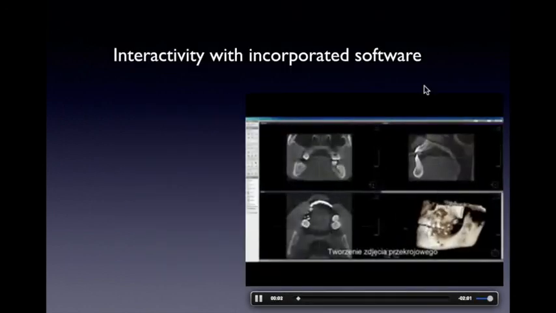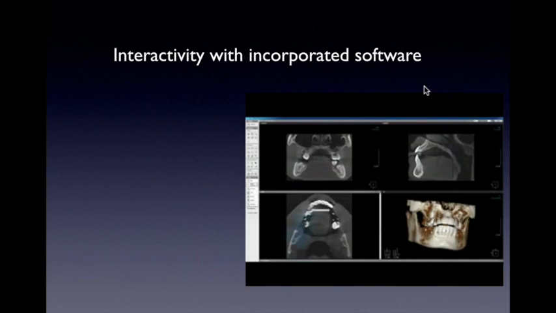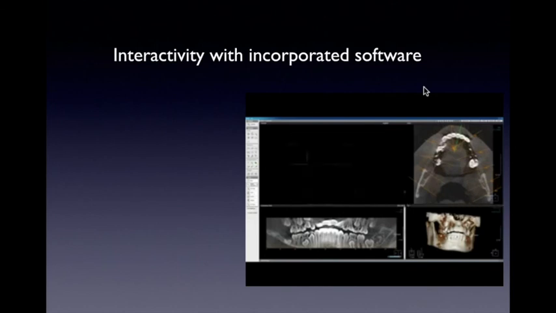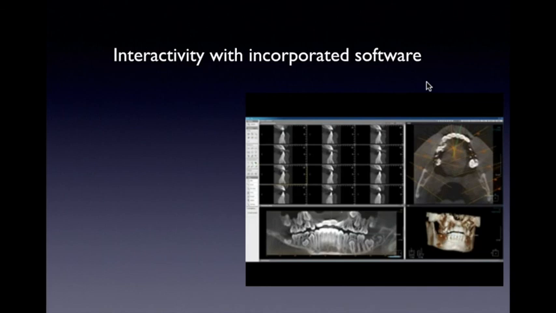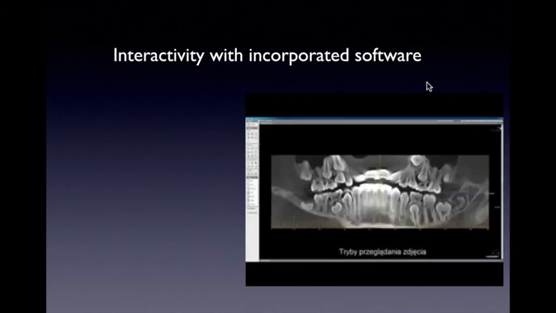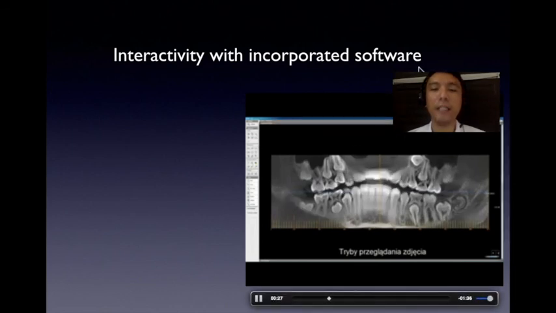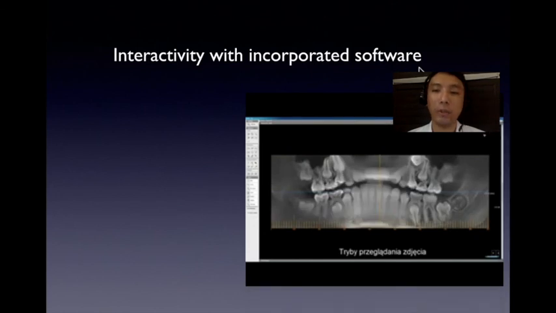So again, the advantage of CBCT is that it is very interactive. Although interactivity is apparent with CBCT software that comes together with all CBCTs, it is not exclusive. You could actually have the same interactivity even with medical CT scans, but it has to be in their console.